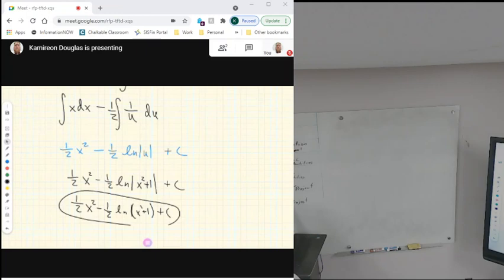Other questions? I noticed that even though this section was about arc cosine, there was not an arc cosine problem in this. Let's use long division.